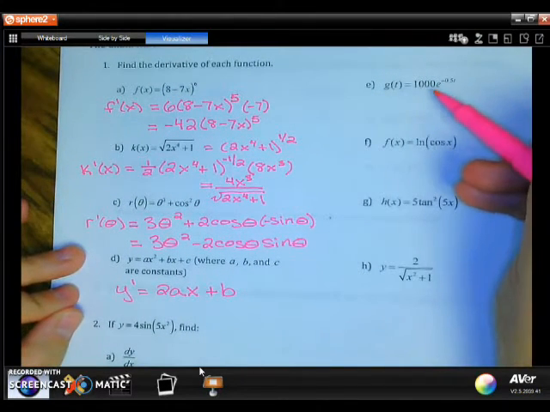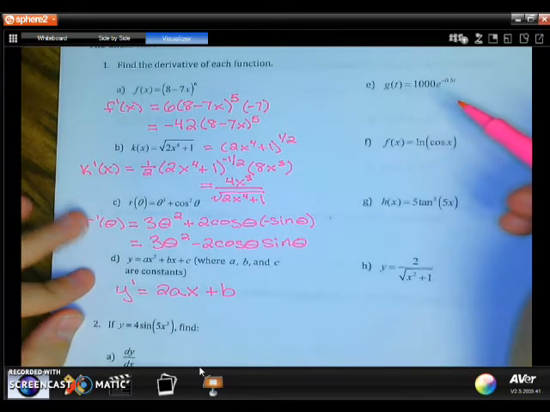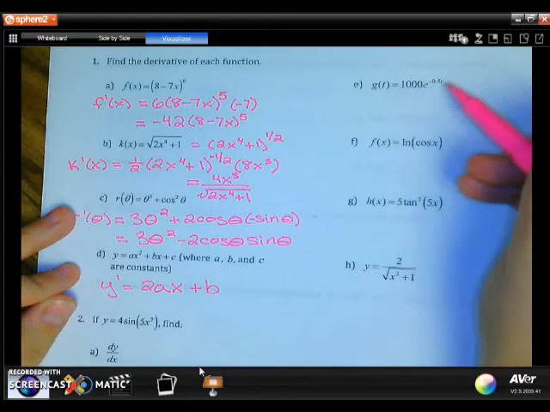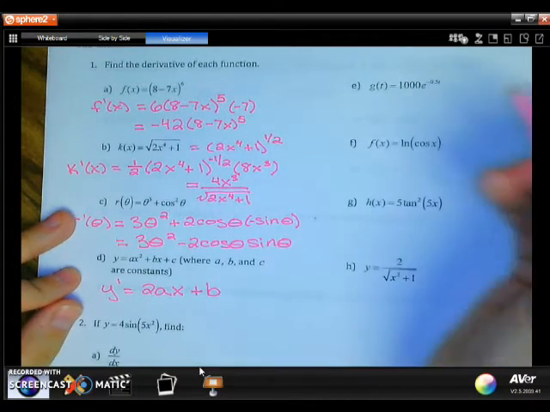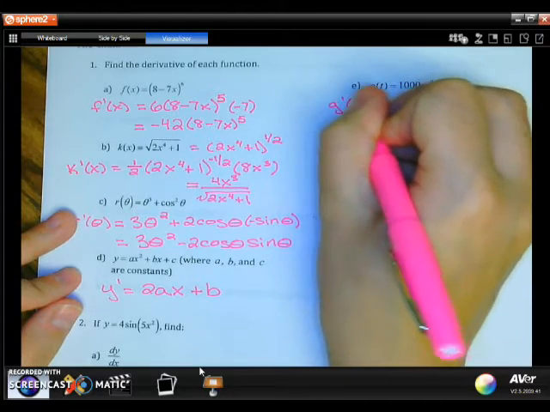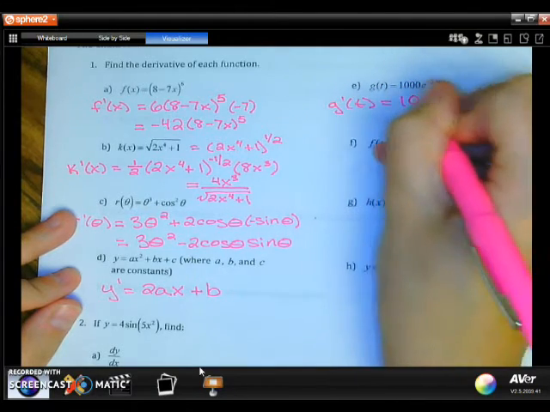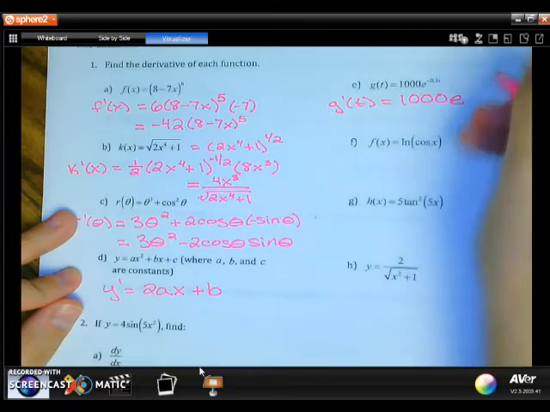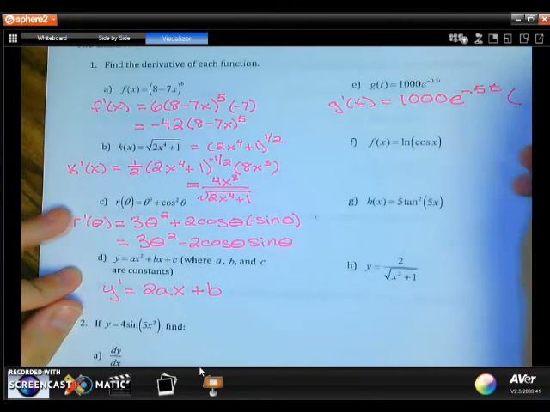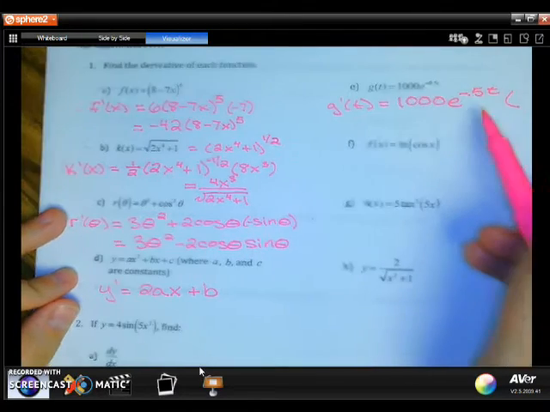All right, going on to e. Remember, whenever you take the derivative of e to something, you just recopy it, and then you take the derivative of the exponent and write it out front. So here, g prime, I recopy it, and that's e to the -0.5t. But then I multiply that by the derivative of that exponent.